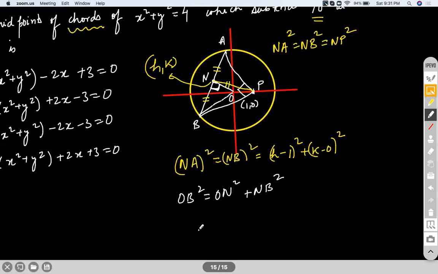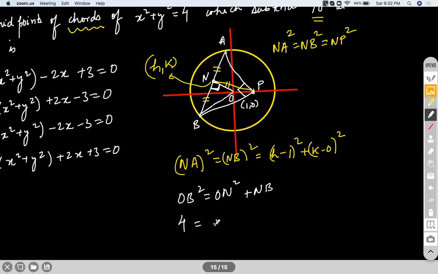OB square will be what? What is OB square? The radius. That's A square, that's 4 actually. Correct.